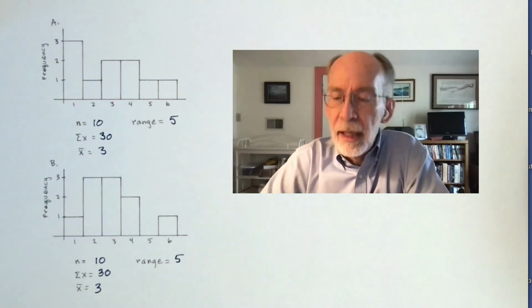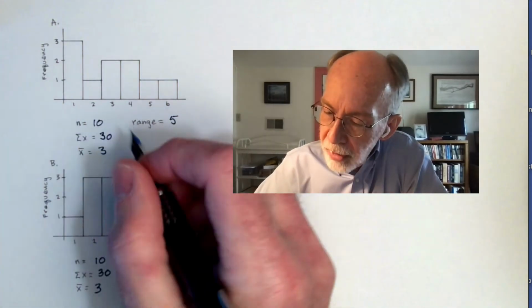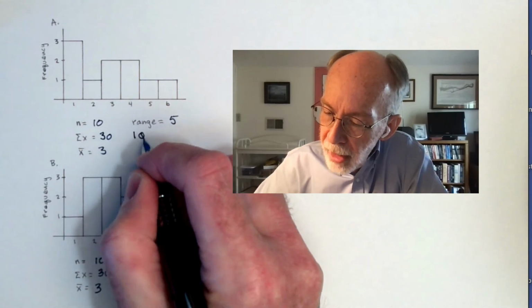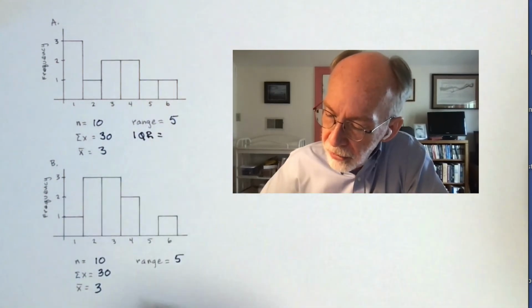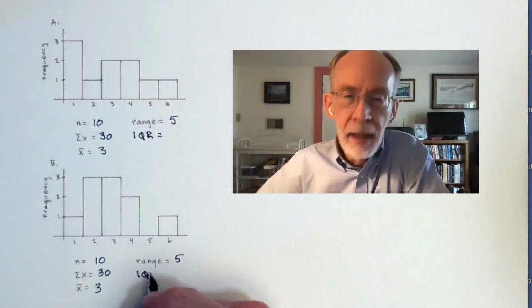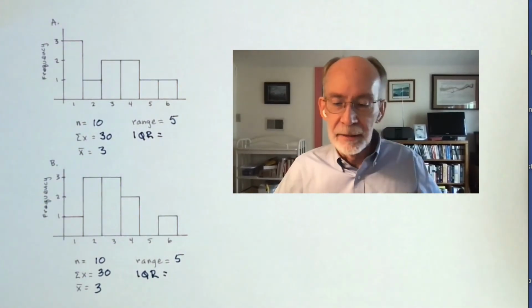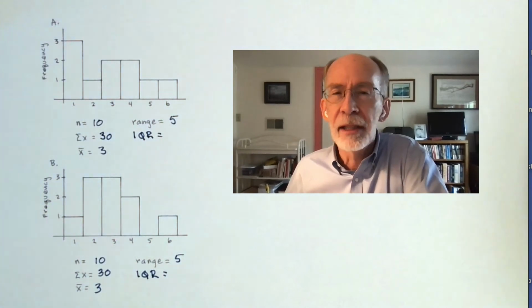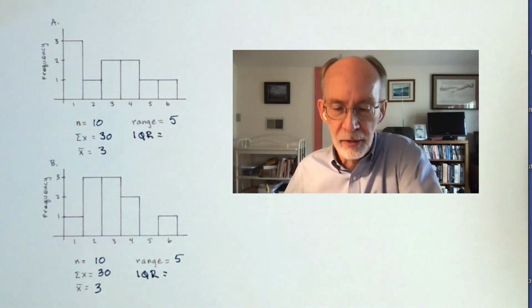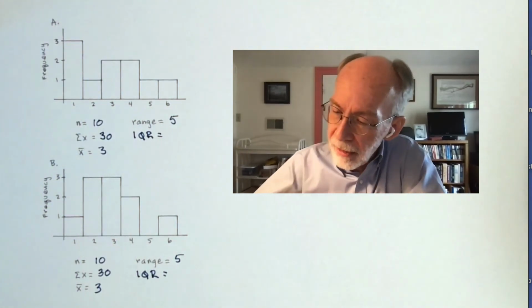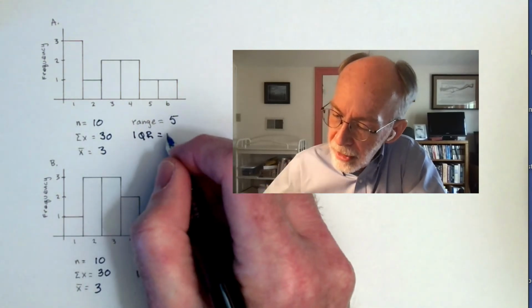You may be aware of a measure called the interquartile range, which is a little more sensitive than the range as such. But it's not going to capture all that we ultimately want to be able to capture. But just for the record, the interquartile range here is 3.